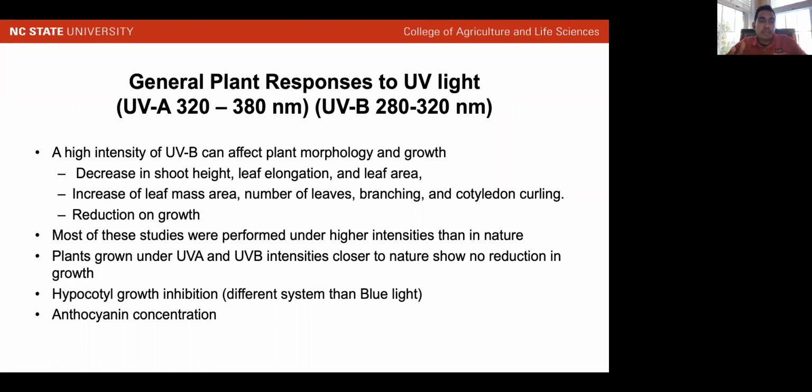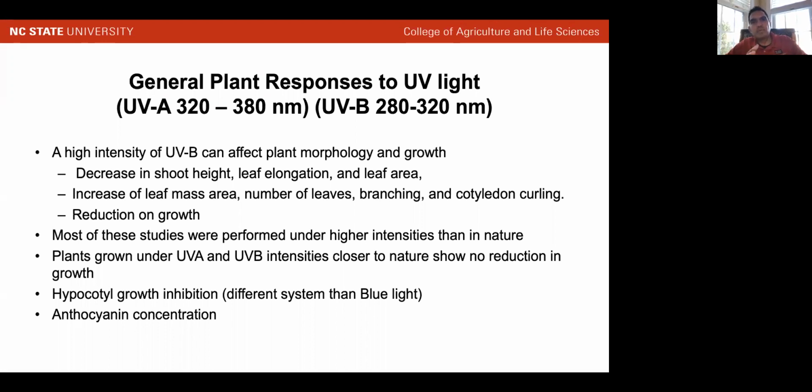UV in general has responses similar to UVA and blue: it decreases shoot height, leaf elongation, and leaf area. It can also increase leaf thickness and create more branching. Sometimes, if the levels are very high, it can also lead to a reduction in growth.